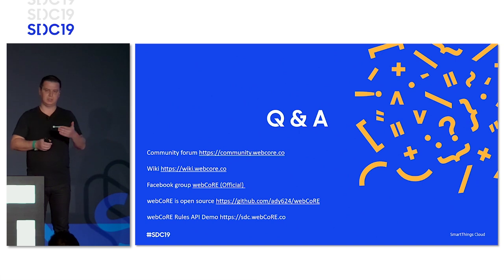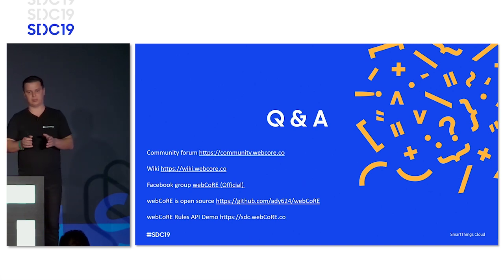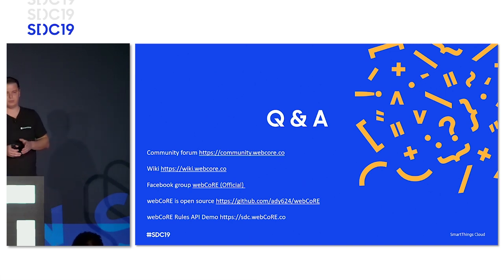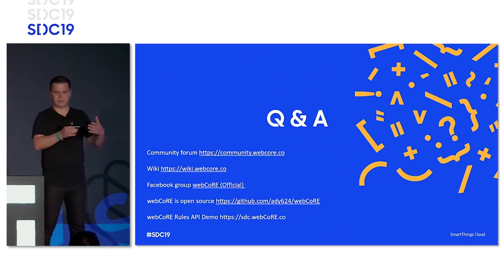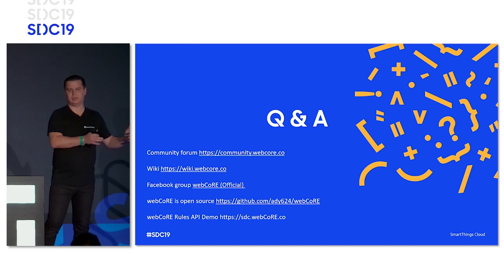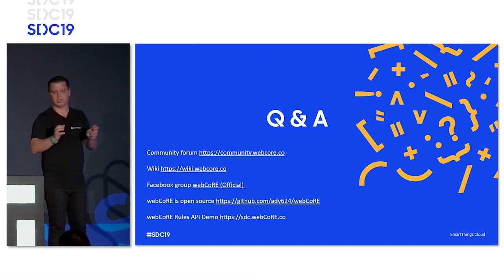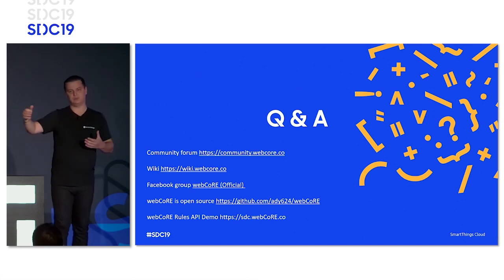The path forward is that WebCoRE will become a UI for the Rules API. So that dependency you're talking about is we're trying to make sure there is a way for WebCoRE to become a UI. It'll look the same, but internally it will not have to manage and store its own JSON and run it on its own smart app. It will just manage rules in the Rules API.